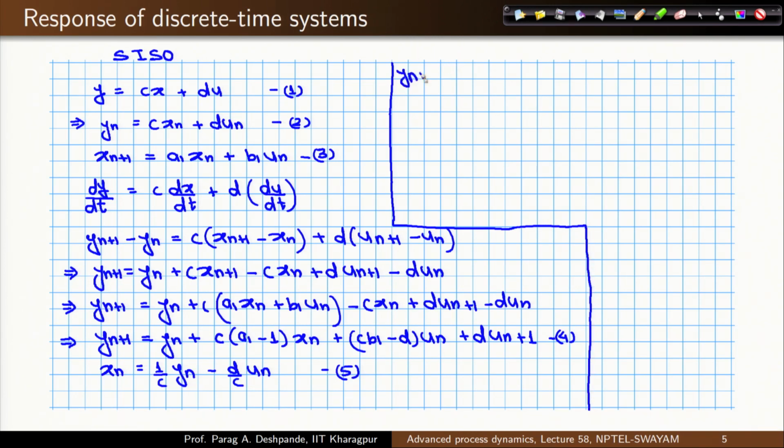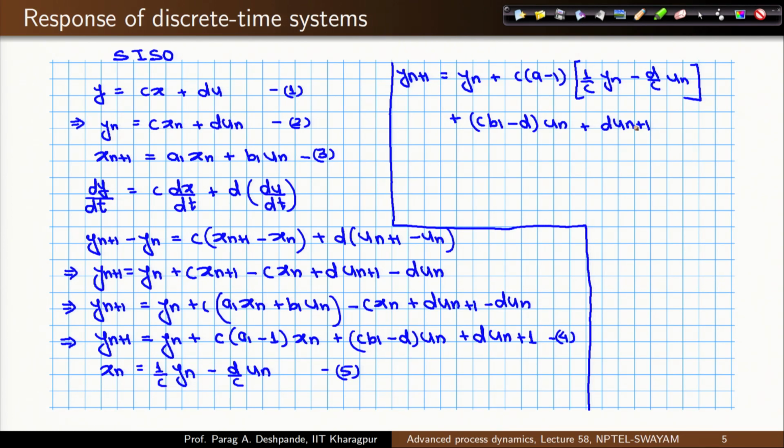y n plus 1 is equal to y n plus c times a 1 minus 1 times, now x n is 1 upon c y n minus d upon c u n, this is for x n, plus c b 1 minus d times u n plus d times u n plus 1.